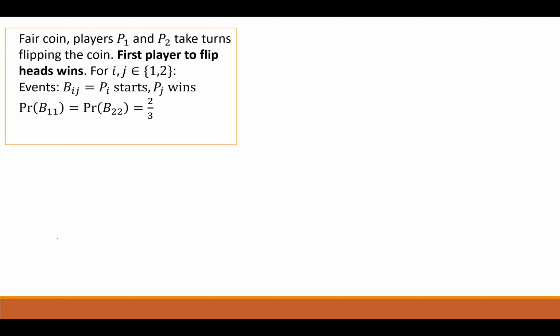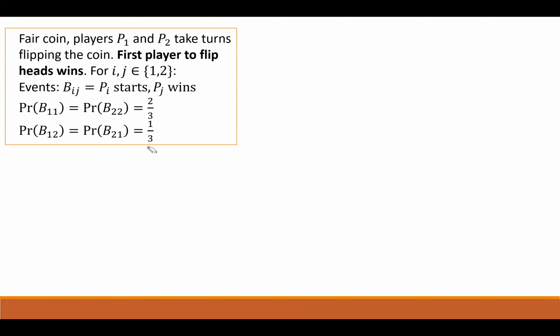In addition to that, we also saw that whoever doesn't start the game has probability 1/3 of winning the game. So I have an event B12, where player 1 starts that round of the game and player 2 wins. And I have another event B21, where player 2 starts the game and player 1 wins, right? Or game or round or what have you. And we know that has probability 1/3.